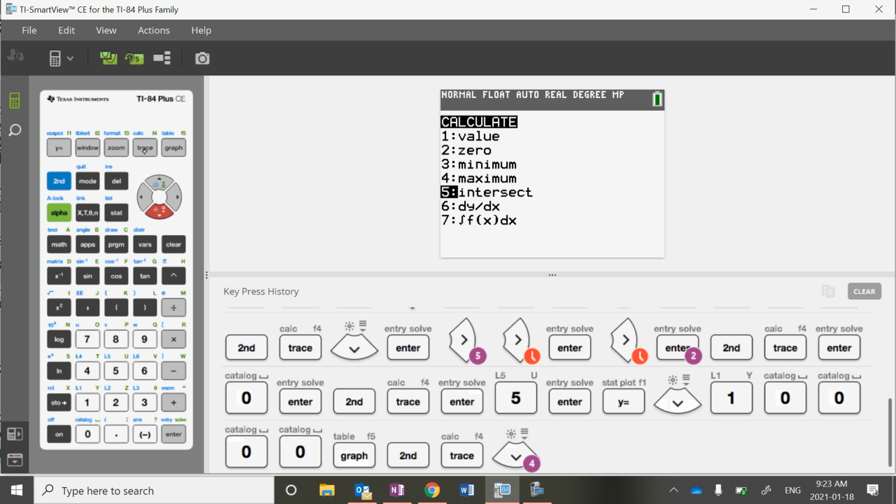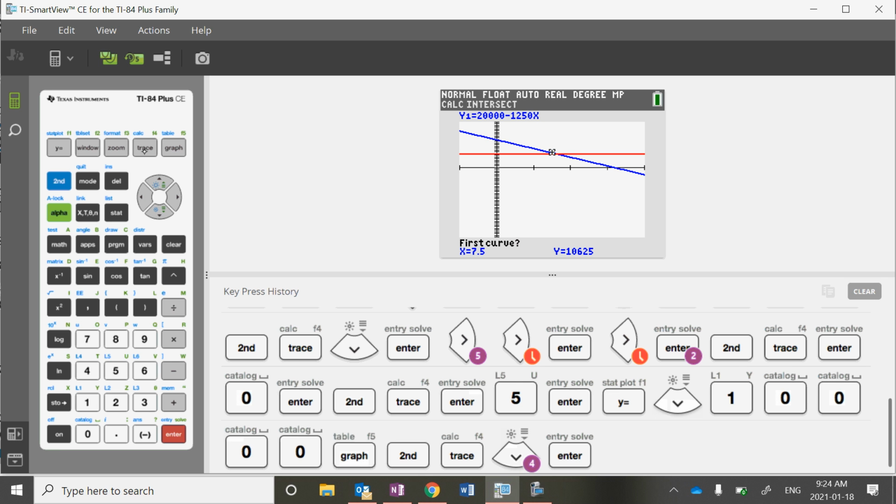Am I going fast? Is that okay? So again, first curve, you want to make sure your curves are a little bit clear. I'm going to move my cursor over a little bit so my cursor's on my first line, press enter, make sure it's on your second line. Generally speaking, the prompts here are really correct, so you don't have to move it at all.